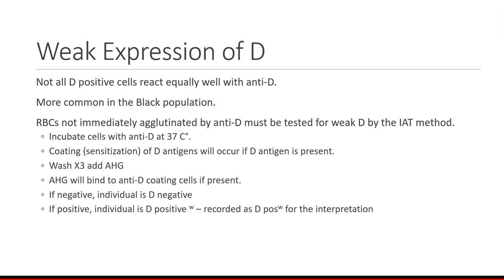If IgG from the reagent anti-D has attached to the cells, the AHG will bind to the anti-D coating the cells if it's present. If the weak D test is negative, the individual is truly D negative. If the weak D test is positive, the individual is D positive weak, and we record it as D pos superscript W for the interpretation.